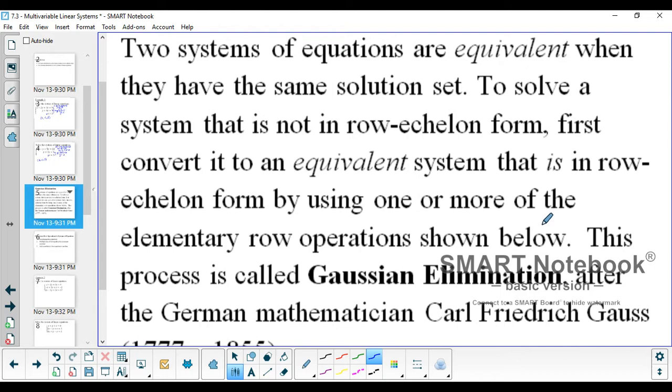To solve a system that is not in row echelon form, first convert it to an equivalent system that is in row echelon form by using one or more of the elementary row operations shown below, which is actually on the next slide. This process is called Gaussian elimination, after the German mathematician Carl Friedrich Gauss.